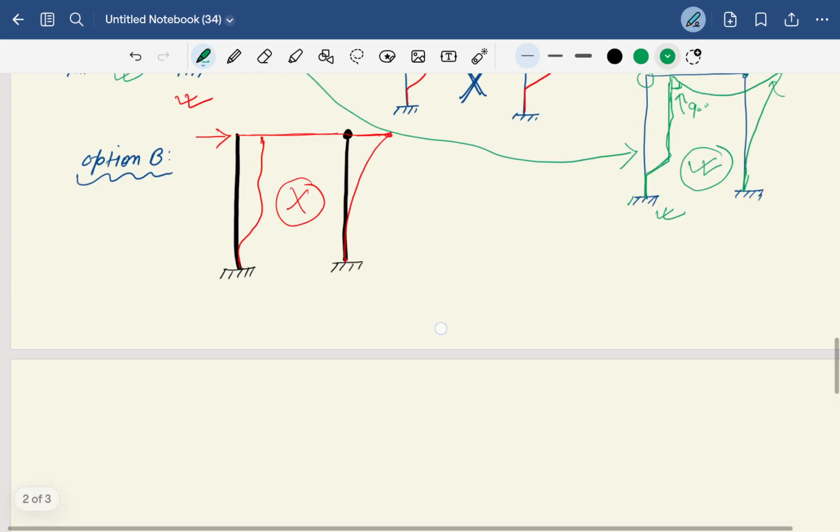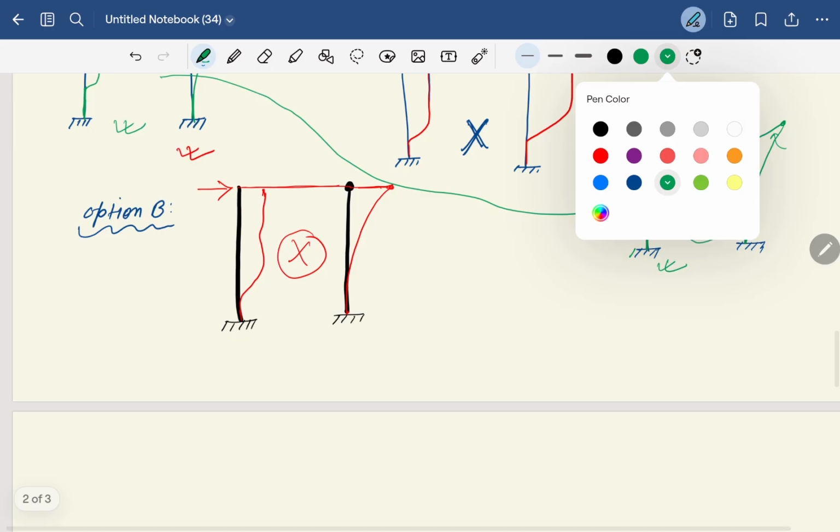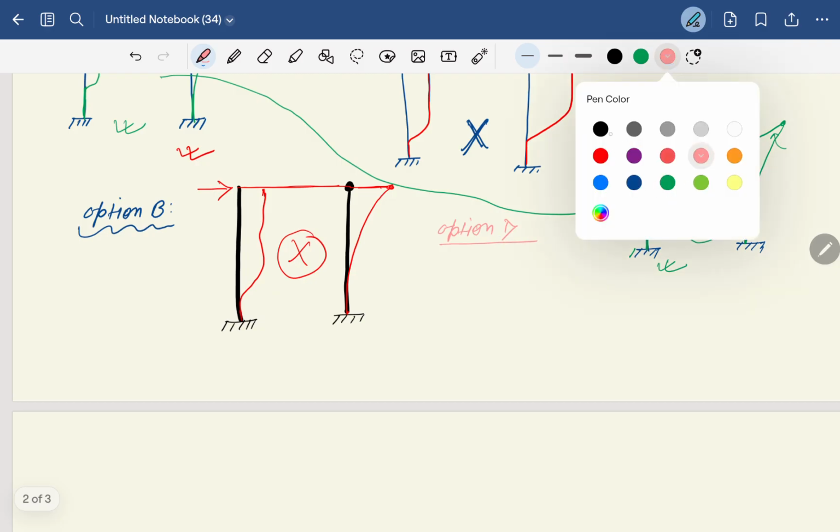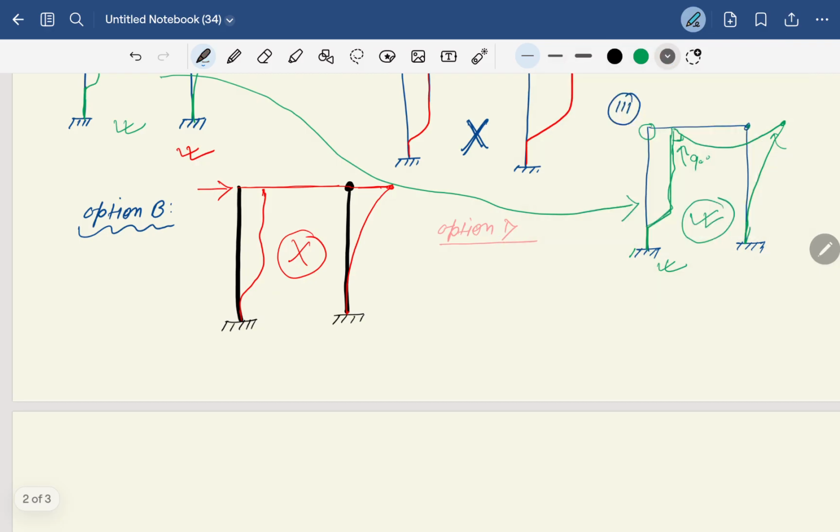Next we'll see, suppose one more option I'm giving you, option 4, because in the exam you will get 4 options. So option D will be like this. Option B, suppose it will be given like this.